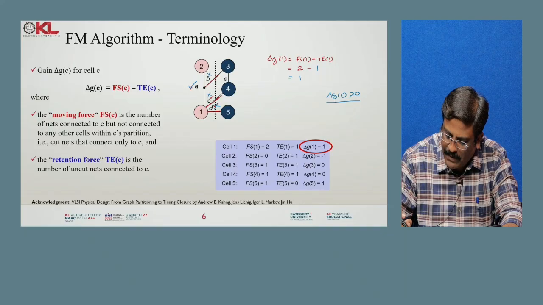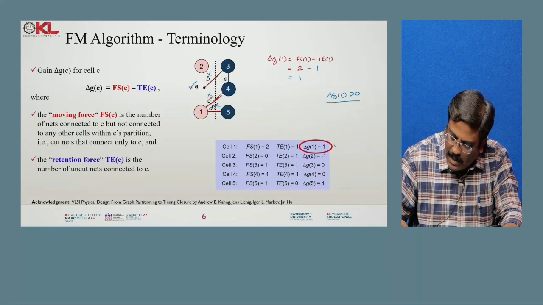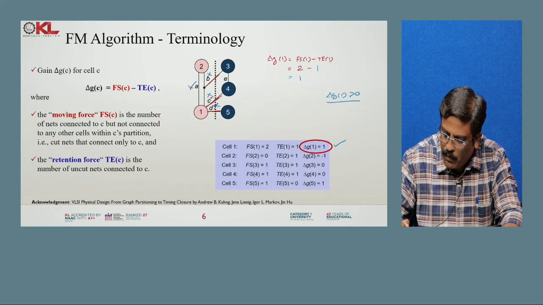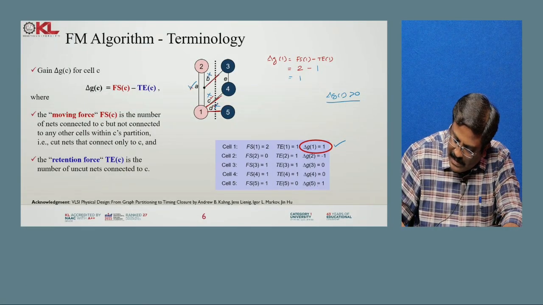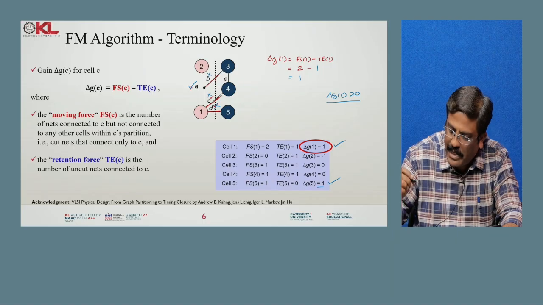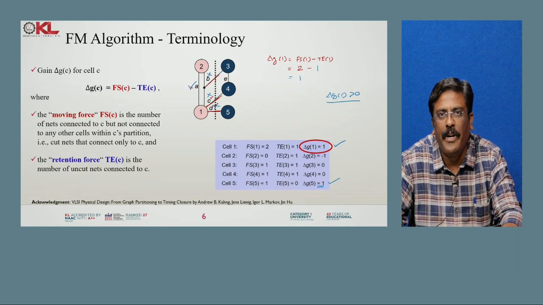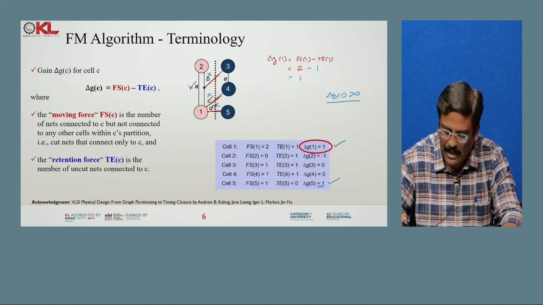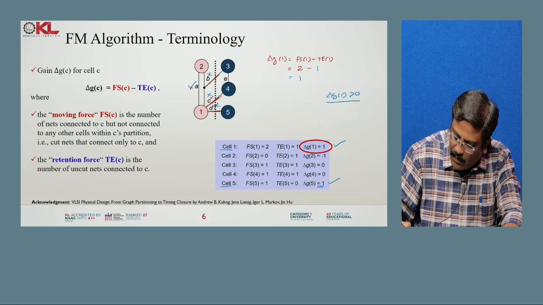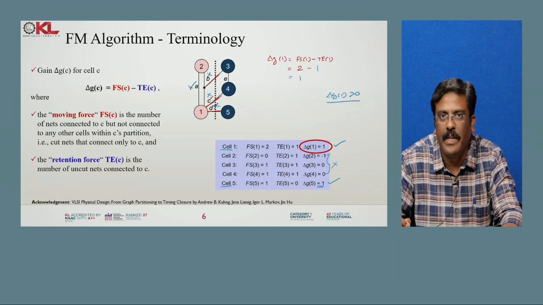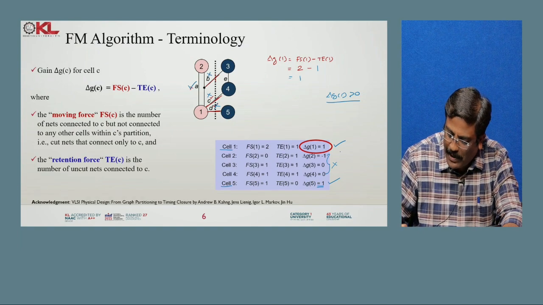Accordingly, we can see that cell 1 has the eligibility to make a move from one partition to another, and cell 5 also has the eligibility to make a move from one partition to the other. Cell 1 and cell 5 have eligibility because both are 1, and after that there is -1 and 0, 0, which we are not going to consider to check the eligibility. So here there is a competitor, right?